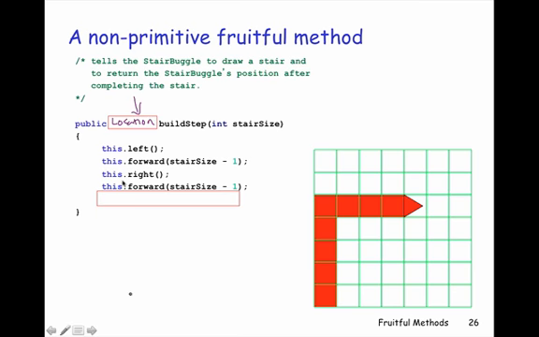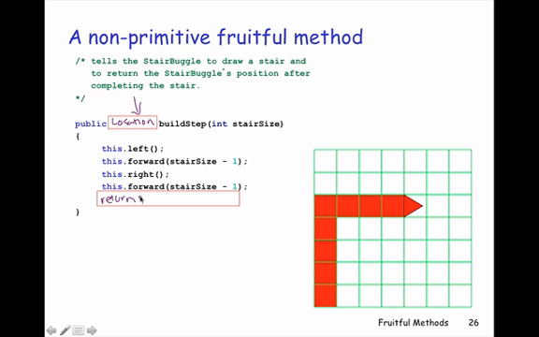The next thing we have to do is, at the point when we're done with our building of the step and we want to return the position of the bugle, we actually have to say, hey, this is the spot at which we want to give back a value. And the way we give back a value in Java is to use something called the return statement. So return is a keyword, and return means we want to return a value at this point.